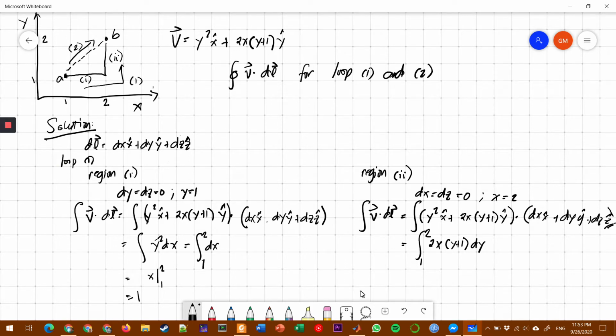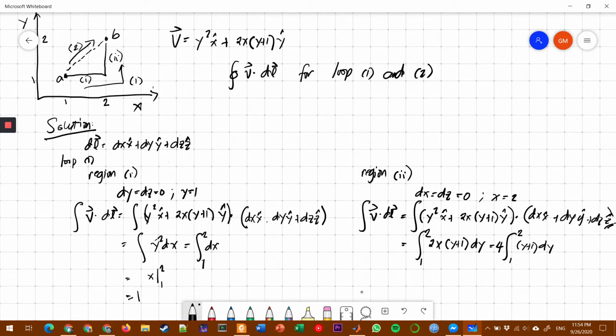Okay, so how do we evaluate this? Take note that x equals 2, x is just equal to 2. So it will just give me, this is 4, right? So the 4 comes out because it's constant. So we have 4 times the integral of y plus 1 dy evaluated from 1 to 2.